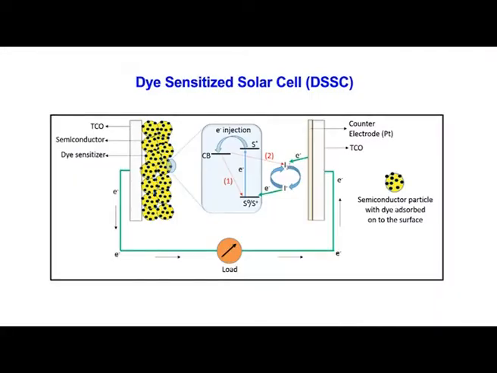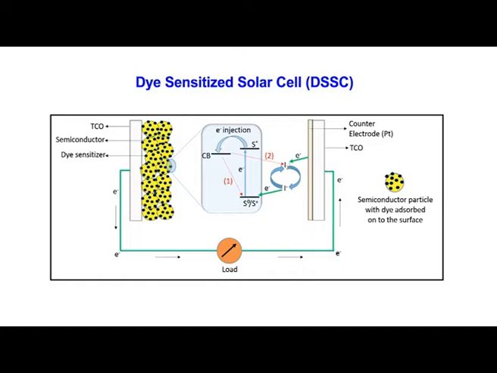First, the light is absorbed by the dye N719, which is adsorbed on the TiO2 film, and the second step is the excited electron in the dye is then transferred within a very short time into the conduction band of the TiO2.